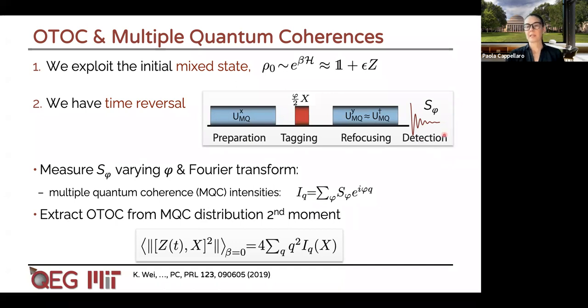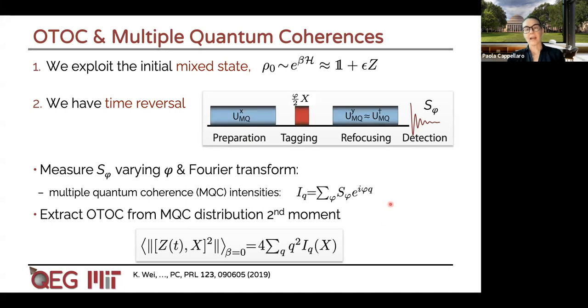If I measure this signal for varying phase and take a Fourier transform, I will recover the so-called multiple quantum coherence intensities. These are basically how strong of a Q quantum correlation I have in my state. So if you want, it's a partial tomography of my system based on how much correlation I have in the system itself.